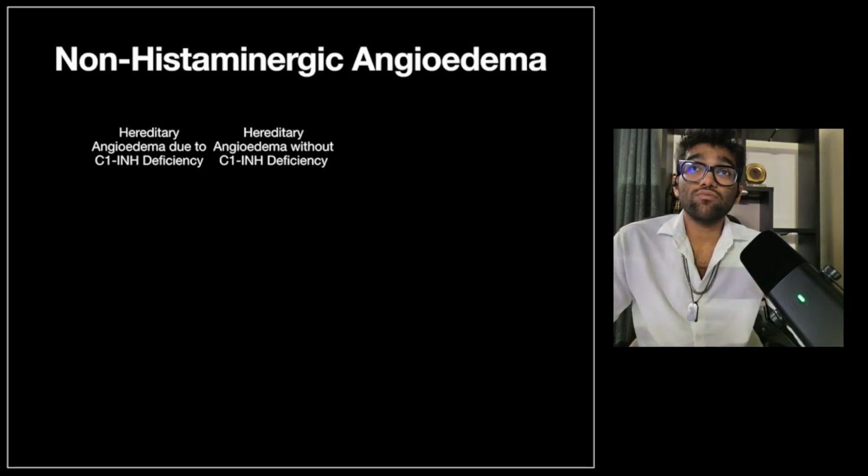So naturally, if you have a deficiency of C1 inhibitor, you have excessive activation of the classical complement pathway and therefore usage of C3 and C4, and you have excessive bradykinin activation resulting in angioedema episodes.